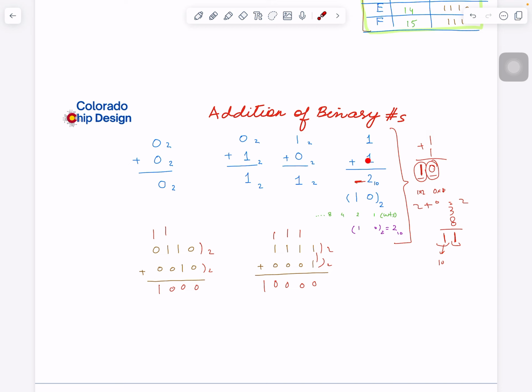But 1 plus 1 in decimal is 2, and 2 is not a valid binary digit. The equivalent of 2, if you remember from the binary lecture, is 1 0. There's a weight of 2 here and a weight of 1 here. This is 0, so the number is 2.